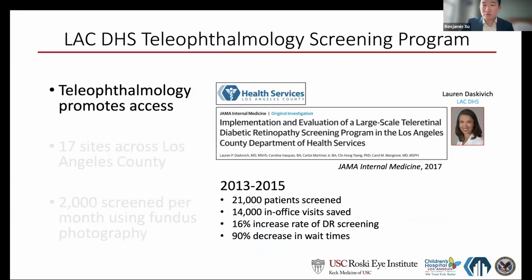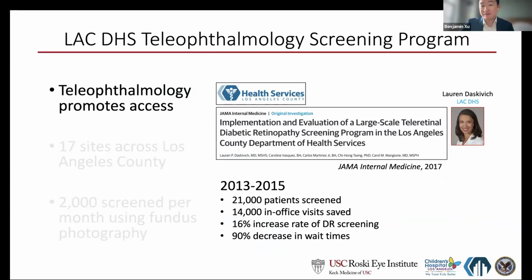And we've known for a while that efficiently implemented teleophthalmology can have a tremendous benefit for public health. For a while, the access to retinal exams for diabetic retinopathy, which is a common blinding disease, was very poor until Lauren implemented this teleretinal screening program in 2013.